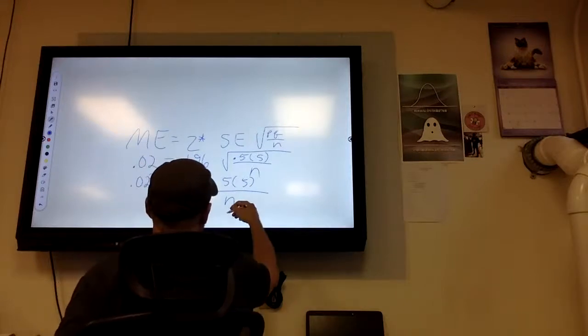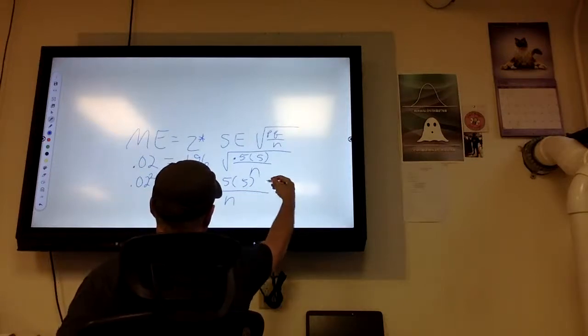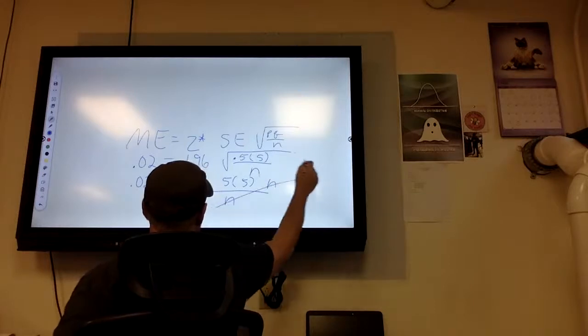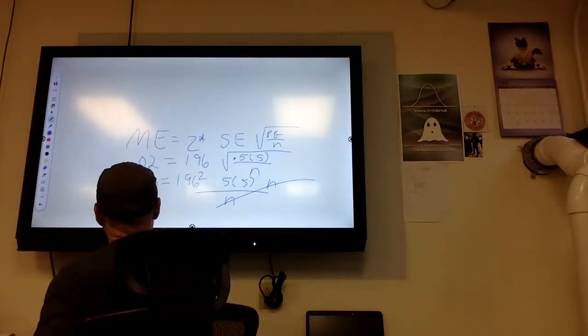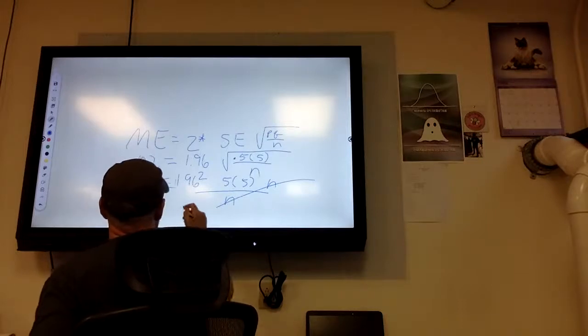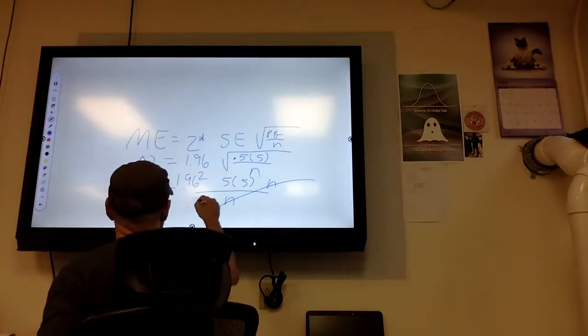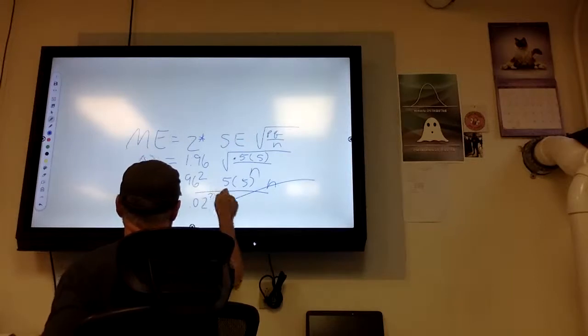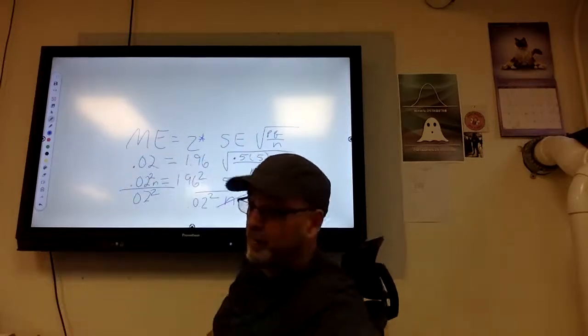And then we want to get N to the other side, so we multiply both sides by N and then divide by 0.02 squared. It's kind of messy, but I'll talk my way through it.